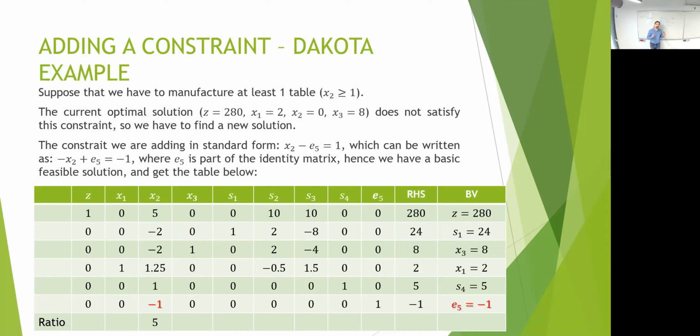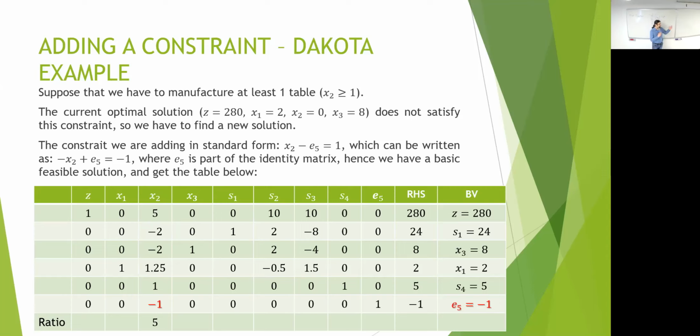We always need to see the identity matrix. In here, when we are adding x2 is greater than or equal to 1, we are not disrupting the identity matrix. It stays the same with the zeros and all. But if that constraint had a coefficient for the basic variables in the optimal solution, then I would have to turn them into zeros to be able to see the identity matrix once more. So we don't need to do that here anyways.